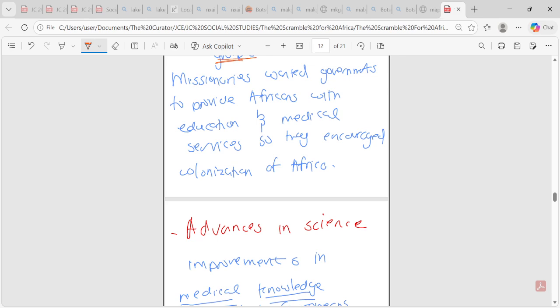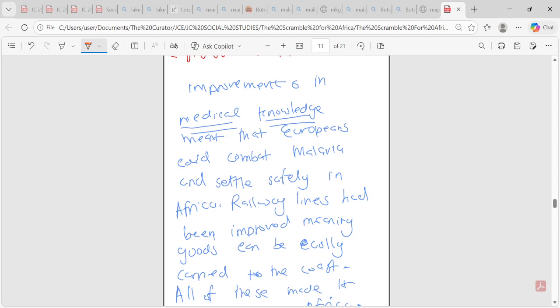Advances in science. Improvements in medical knowledge meant that Europeans could combat malaria and travel safely in Africa. So they had this confidence now that they could travel without fear of diseases that could wipe them out, diseases like malaria.